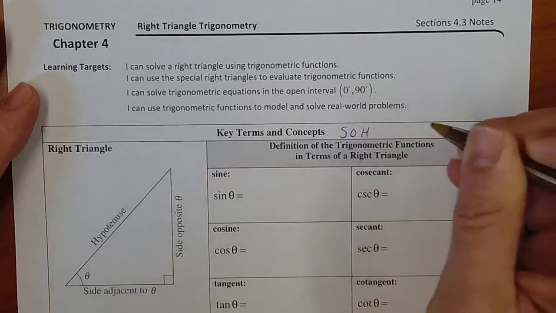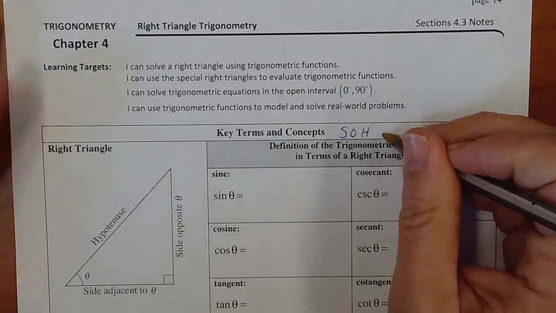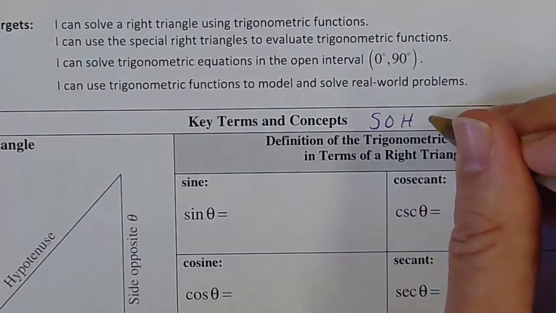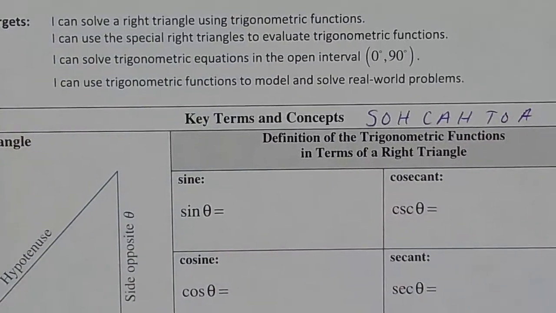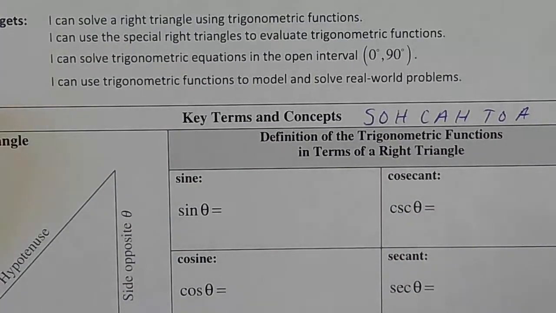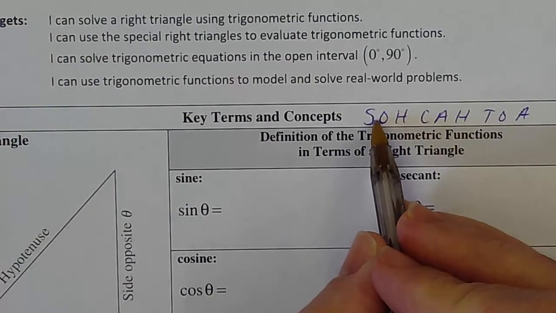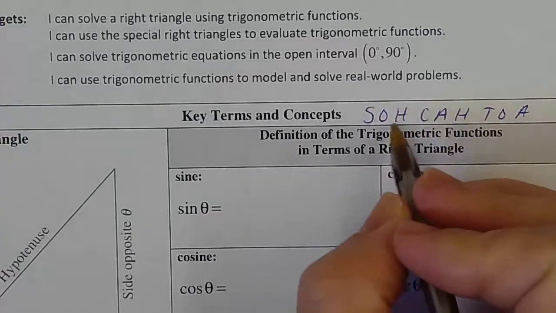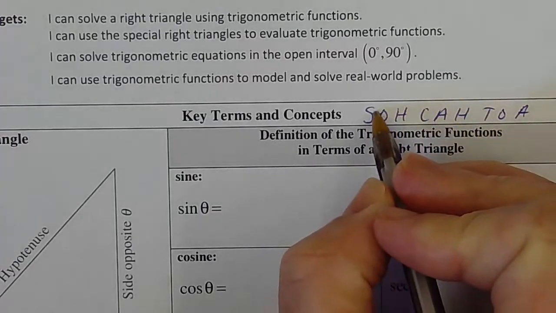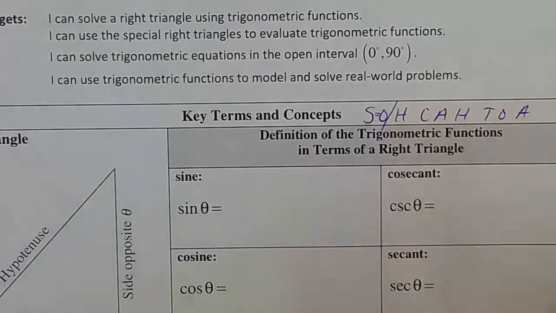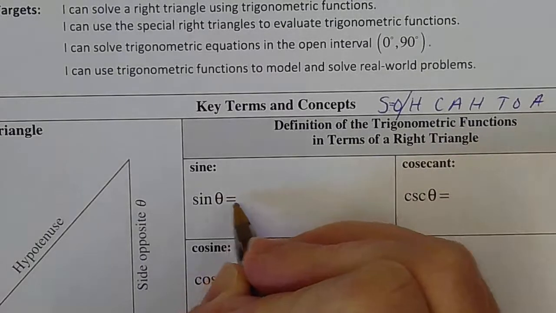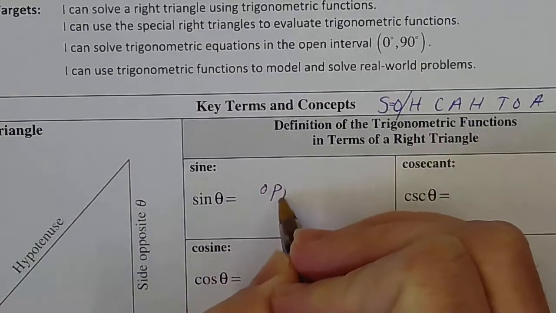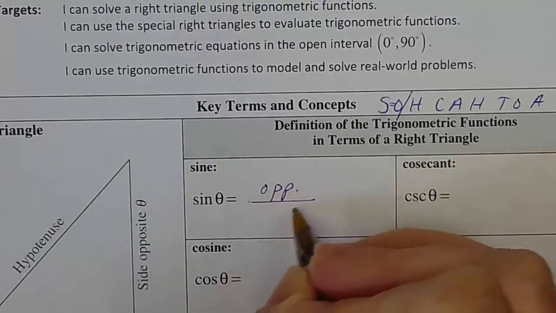You got to know how to spell SOHCAHTOA, though, if you want to use it. SOHCAHTOA. All right, so what does that mean? That means if we have the sine of an angle, I'd squeeze in a little equal sign and then do an O over H. Sine of an angle equals the opposite side divided by the hypotenuse.